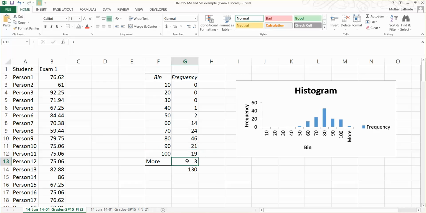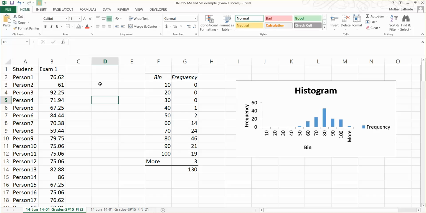Because this is after the curve, and in my class what I do is calculate the average and then add enough points to get the average up to a 75 if it's less than 75. So let's say the average is 60. I would add 15 points to everybody's score.